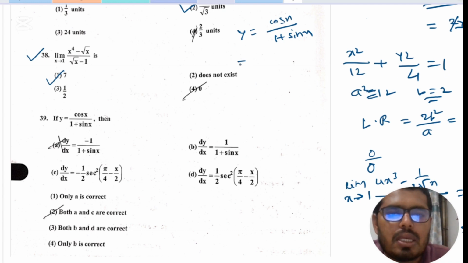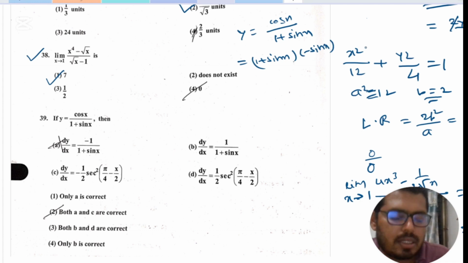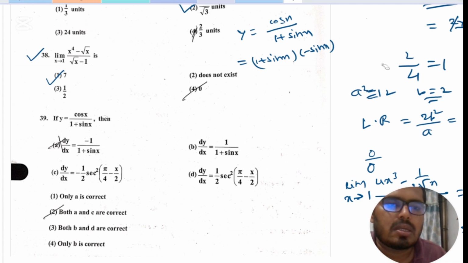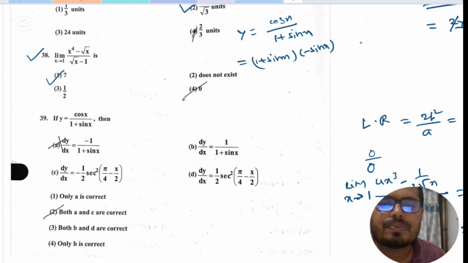It is equal to (1 plus sin x) into the derivative of cos x, which is minus sin x, minus cos x as it is, times the derivative of 1 plus sin x, which is cos x.